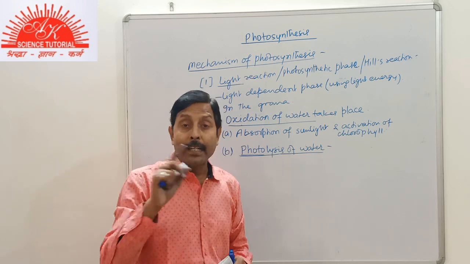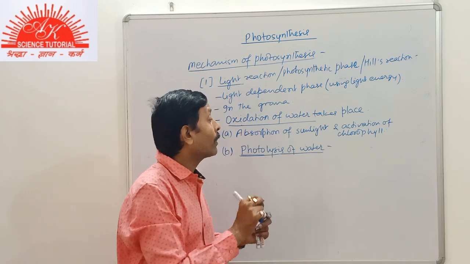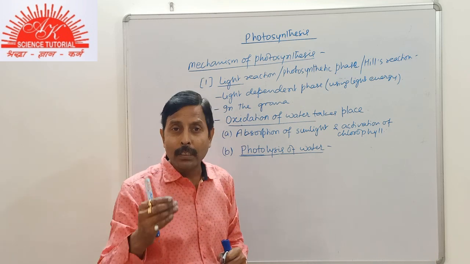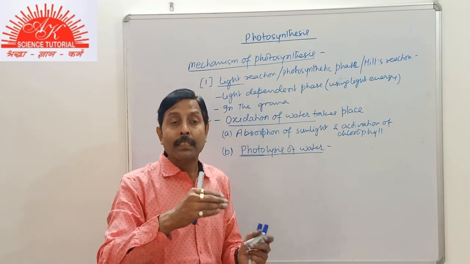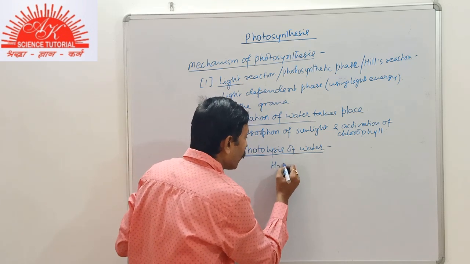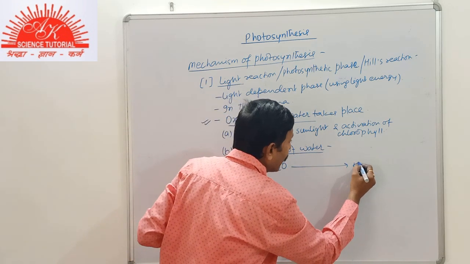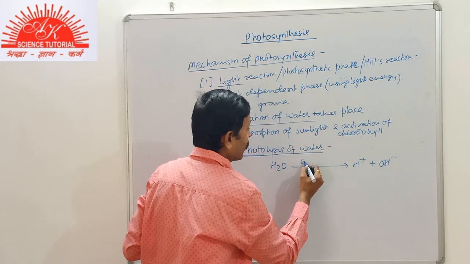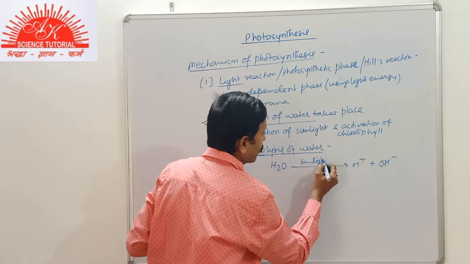We will not write directly that it is a splitting of water into hydrogen and oxygen. No, because hydrogen and oxygen gases are formed by subsequent processes. But in this part only, water is ionized into H plus and OH minus ions with the help of light energy.